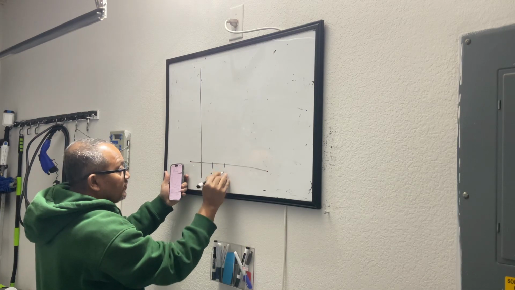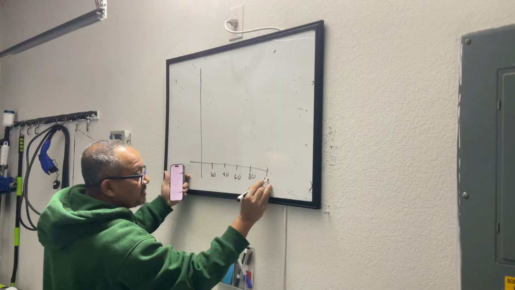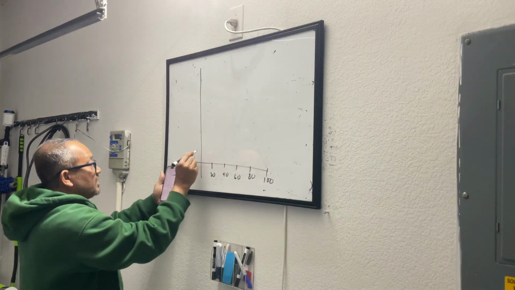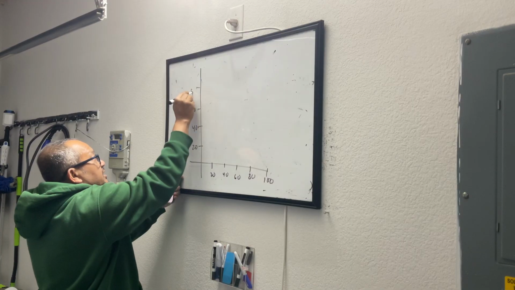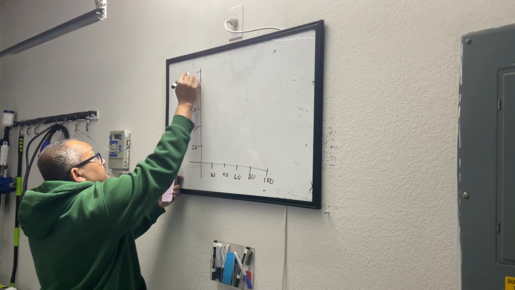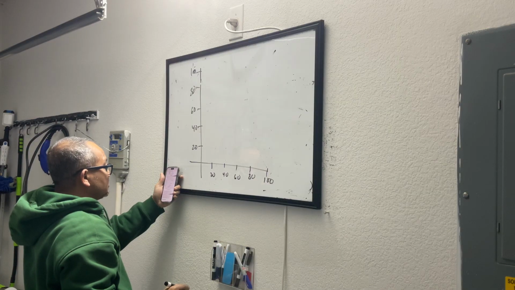$20, $40, $60, $80, $100. This side we have $20, $40, $60, $80, $100. And we have certain points here.